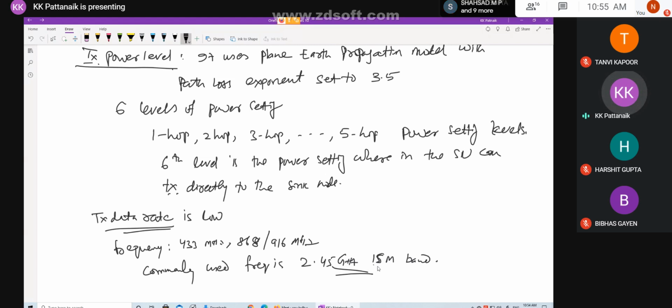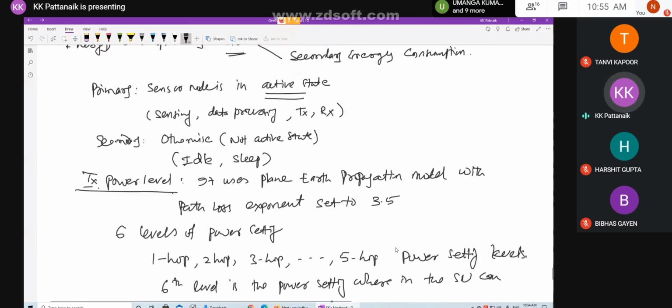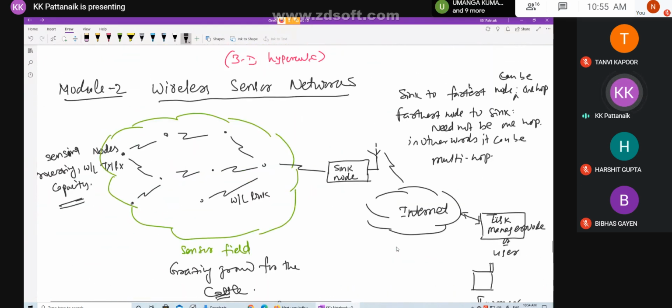This is industrial, scientific, and medical. Okay, that's the band. Right, we will discuss some more basics about the sensor network in the next class.